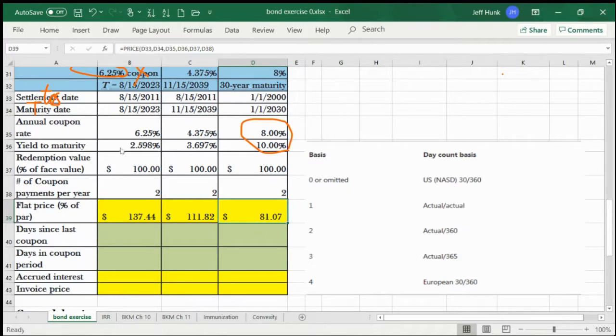And again, when I thought that they all had the same yield to maturity, I said, well, they must be the bonds of the same class. But no, they must be the bonds of different class, so they had different yields.